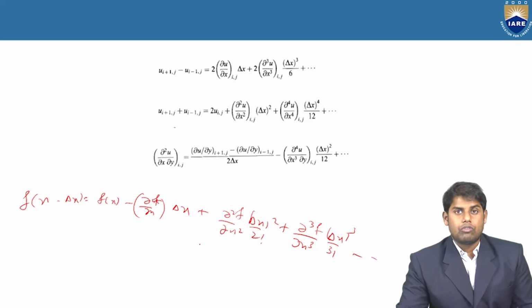For the backward difference, instead of using f of x plus delta x, we are using x minus delta x.